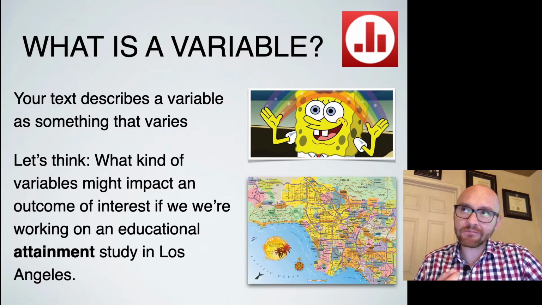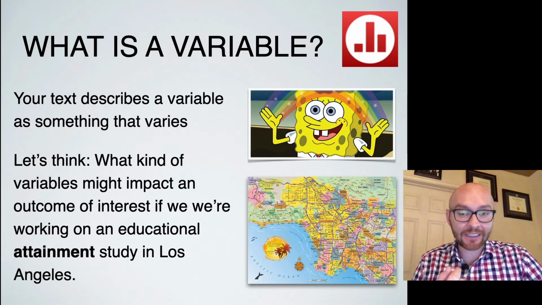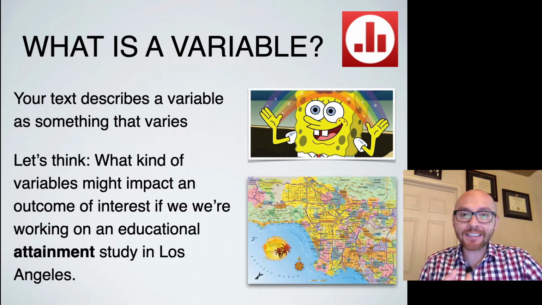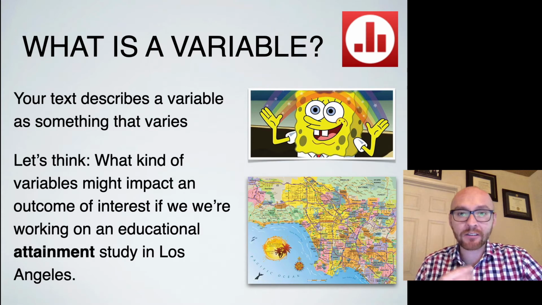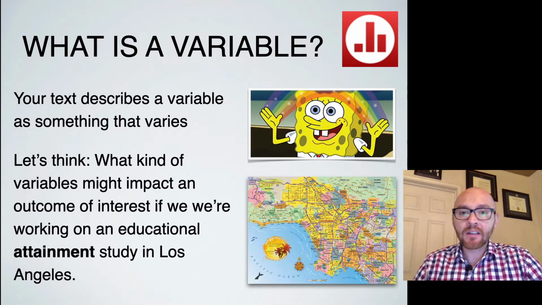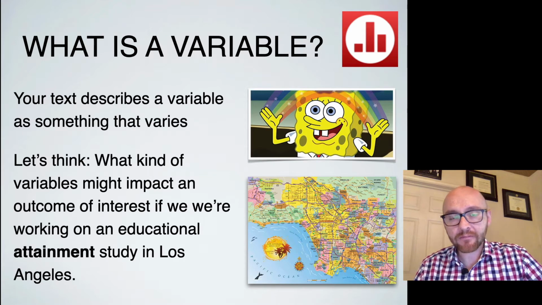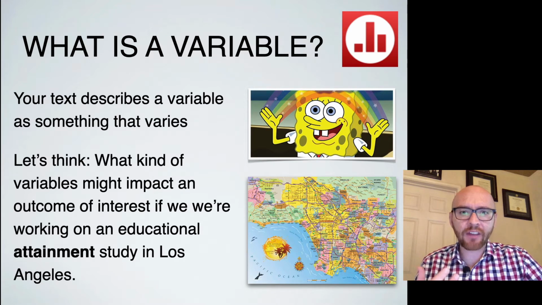So I guess another factor would be, well, what is a good student in that school district? So all these factors that may influence educational attainment, also parents' education level, right? All these factors are variables within our study. I prefer to think of them as factors. It makes more sense to me, but you could think about it either way.